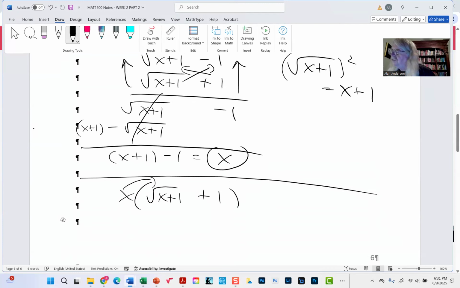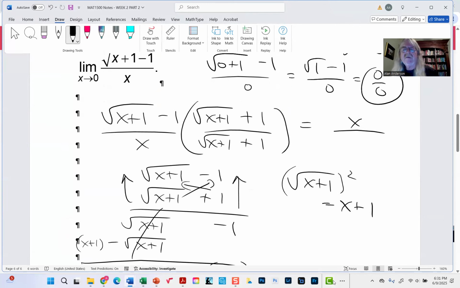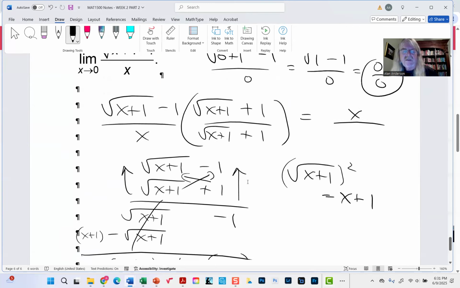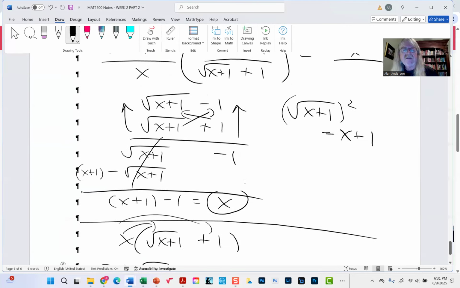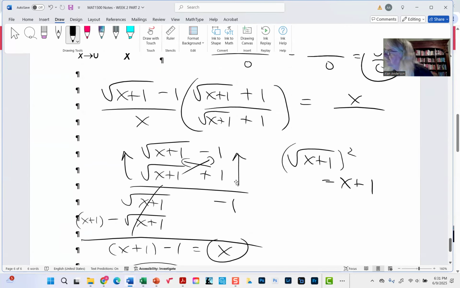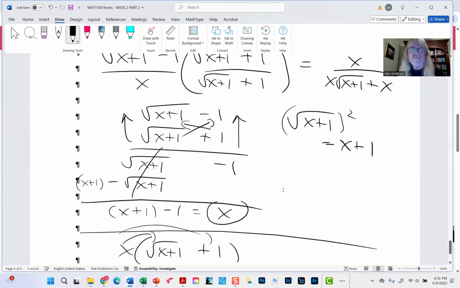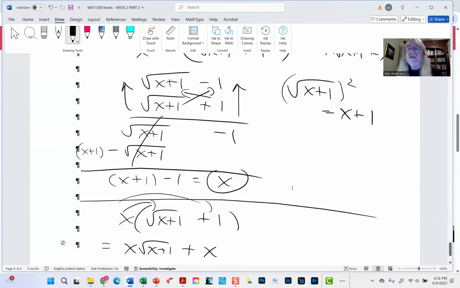Here you're just using the distributive property. Fine. So we come back up here and we rewrite that as x radical x plus 1 plus x. All right, so now what do we do?